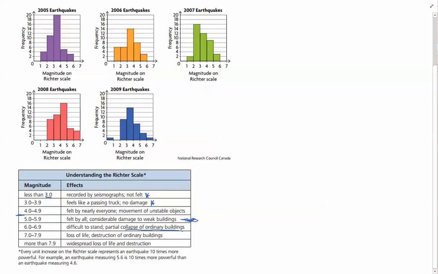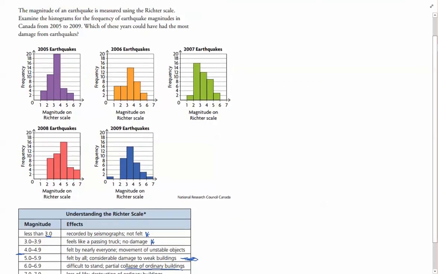Okay. So how are we going to decide which year has the most damage? Well, we want to count the frequency of earthquakes of 5 and greater. So here, 5 and greater would have 3. Here, 5 and greater would have 3 as well.